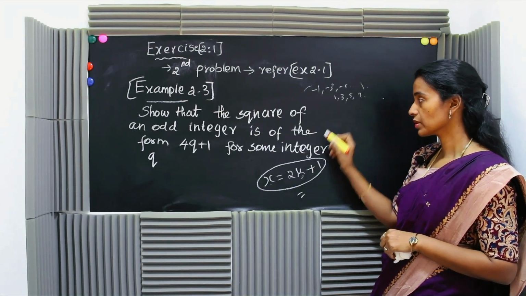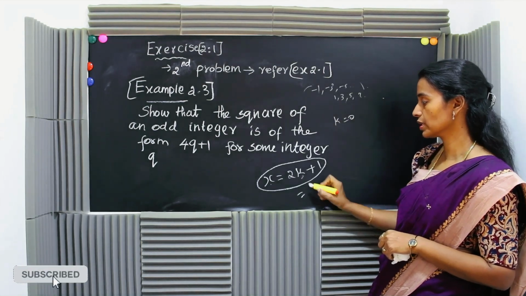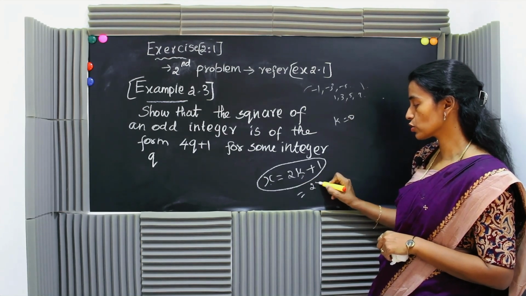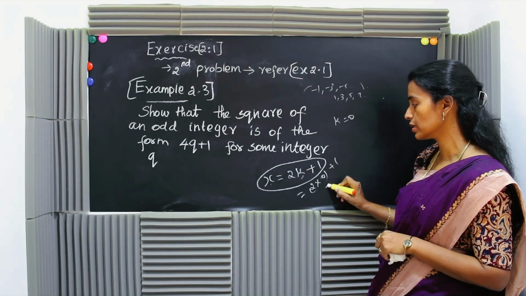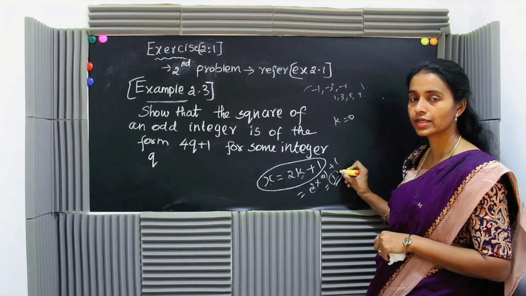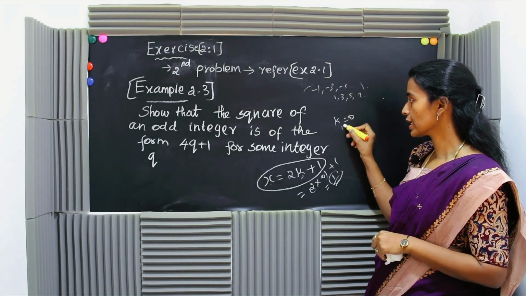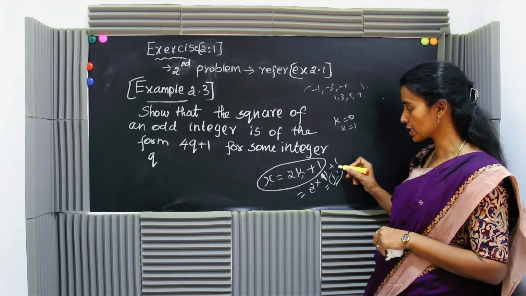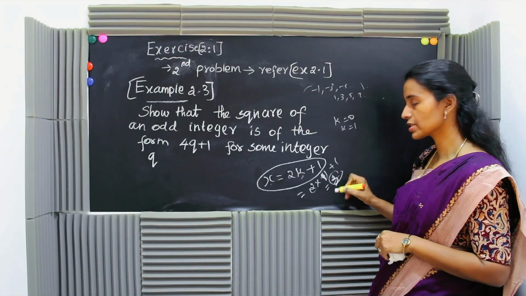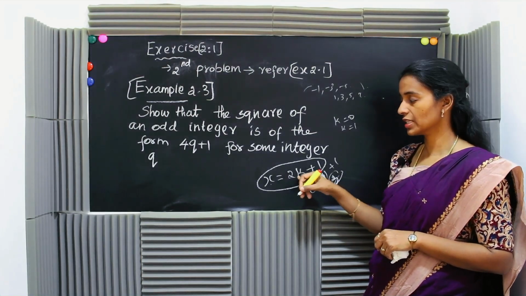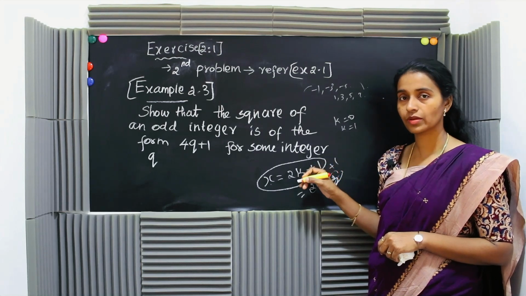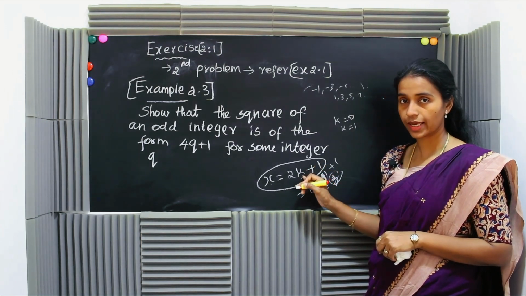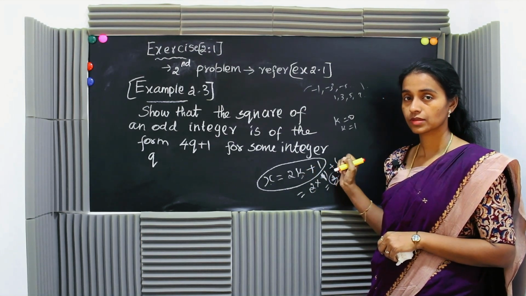So I'm taking k equal to 0 here. If I apply 0, 2 into 0 is 0, 0 plus 1 is 1. The answer is an odd number, right? And now I apply k equal to 1. 2 into 1 is 2, 2 plus 1 is 3. So this is also an odd number. Whatever number I choose for k in this formula, I'll get an odd number as the answer.